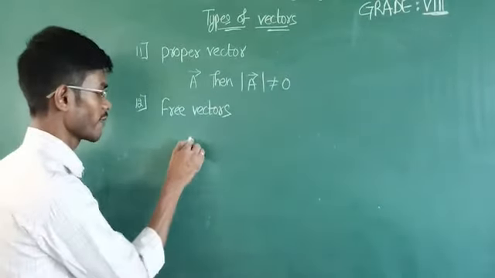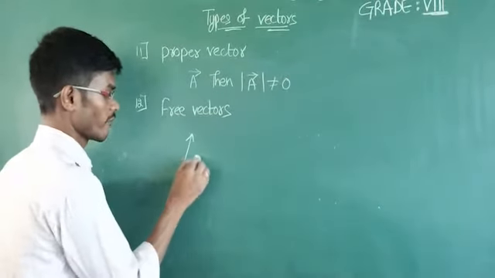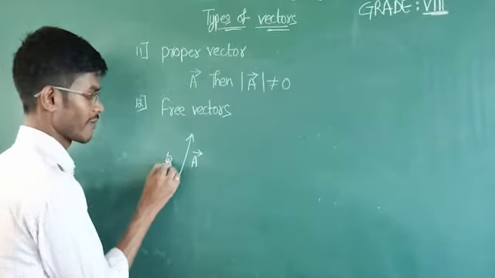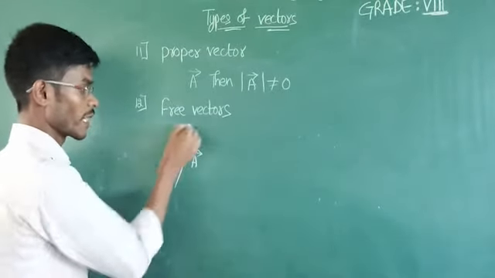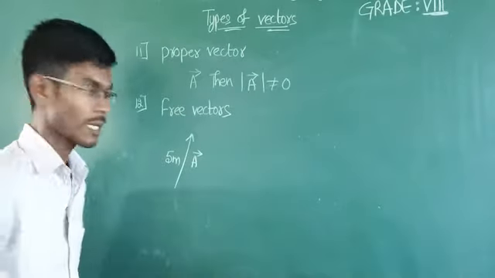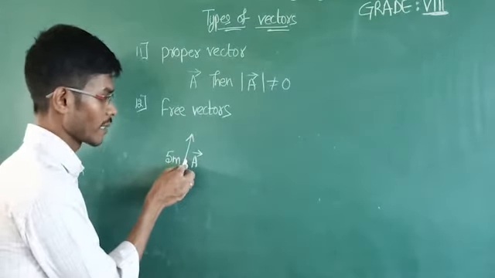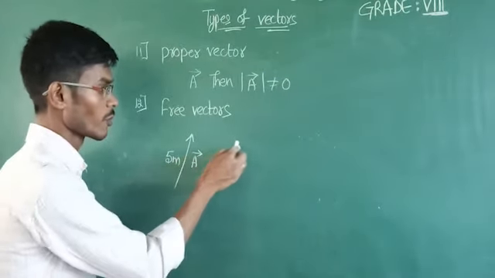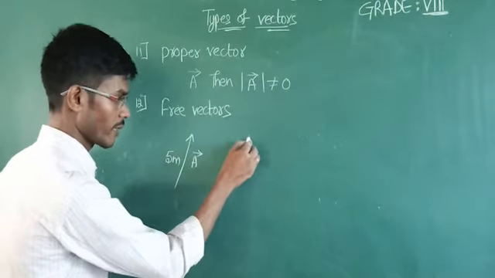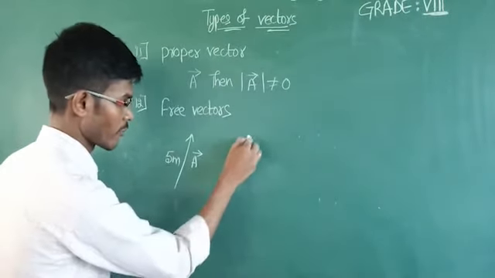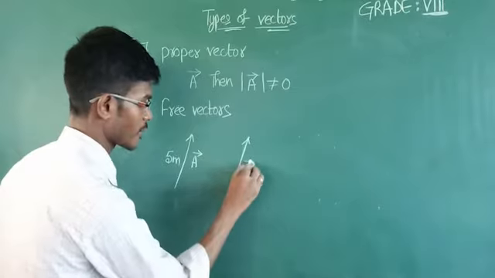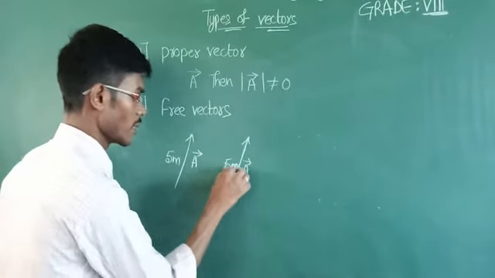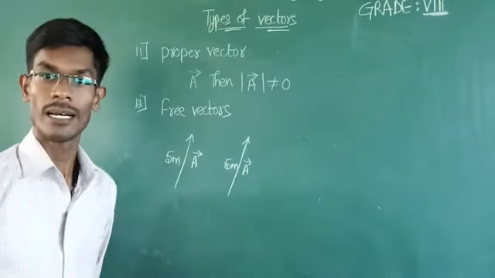If I consider a vector a bar, which has some 5 meters moving in one particular direction, I can displace this vector from this position to another position. Suppose I displace it from here to here without changing the magnitude and direction, there is no change in the vector.